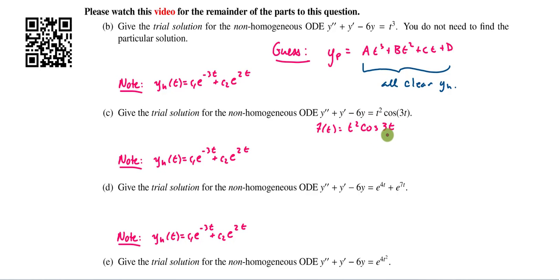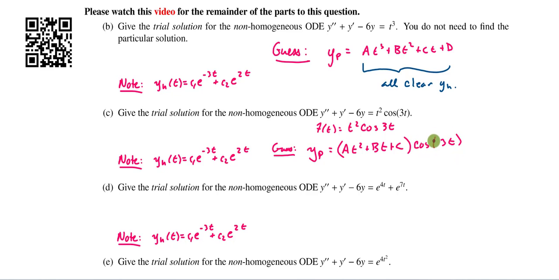And if I take even more derivatives, we will also get some linear terms that show up. So our guess for the trial solution is that y sub p should look like at squared plus bt plus c times the cosine of 3t.